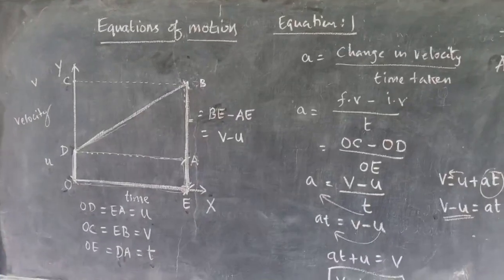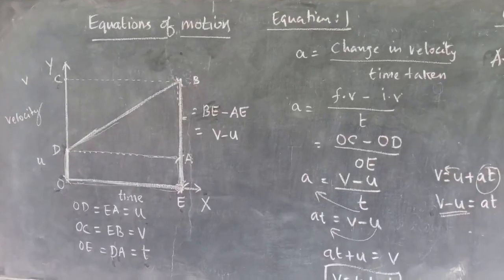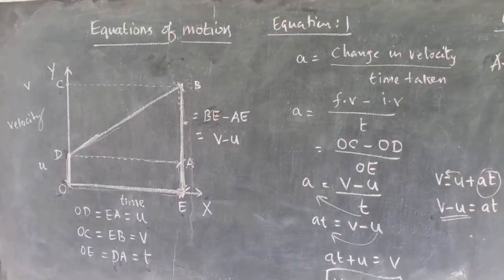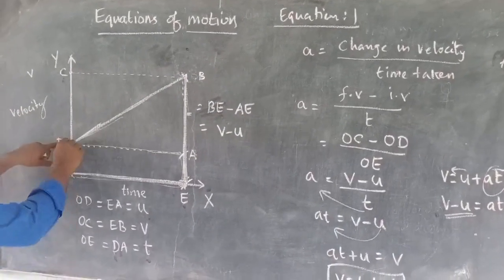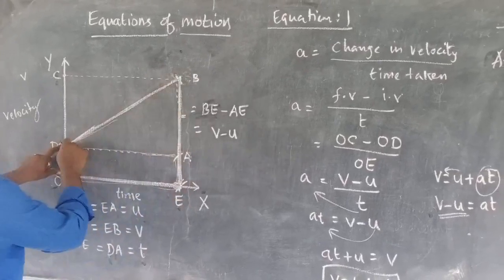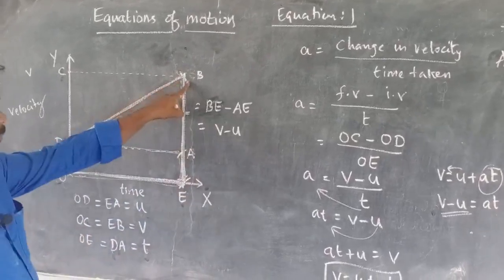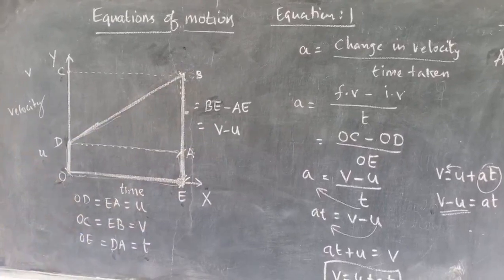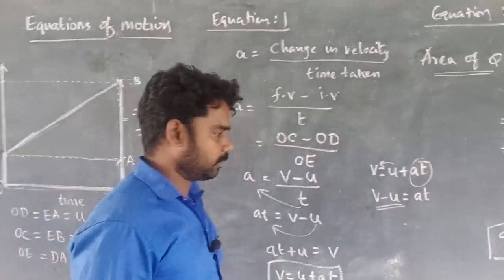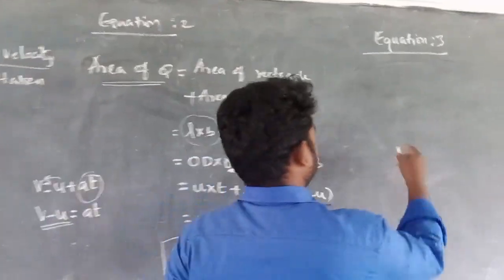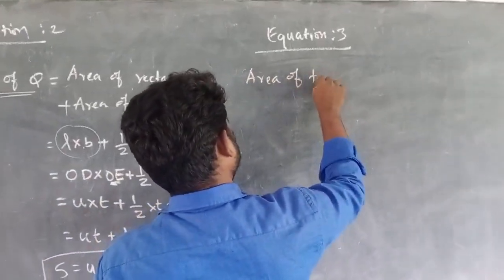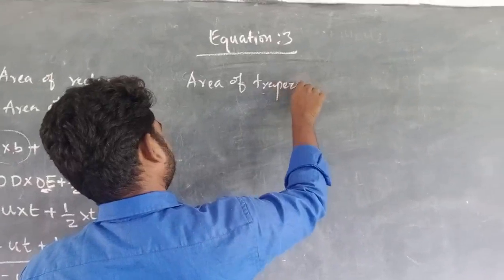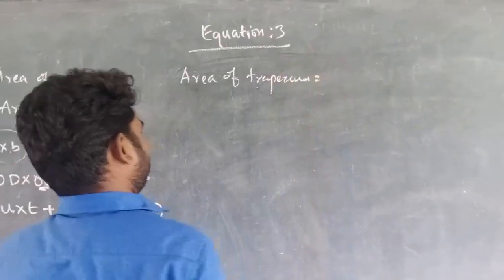We are going to derive equation number 3. To find the distance covered by the object, we have to find the area of trapezium DBEO. So we have to find the area of trapezium. What is the formula?